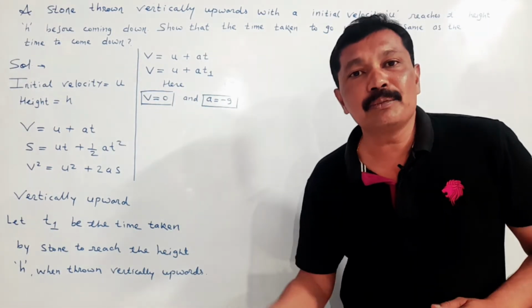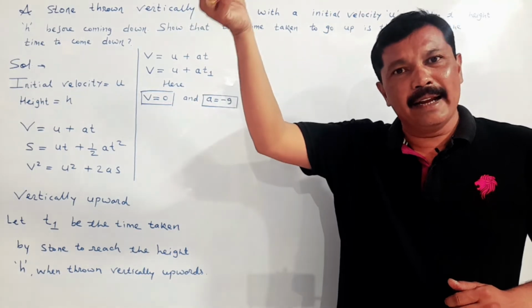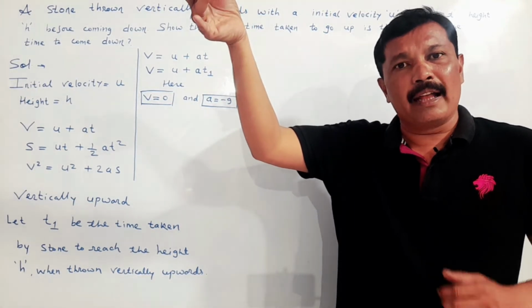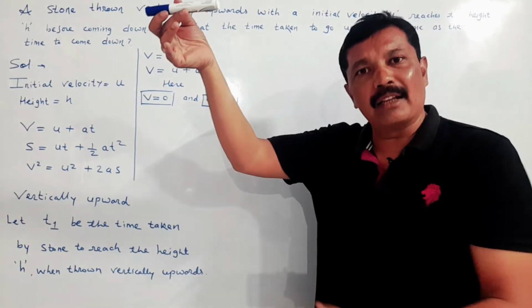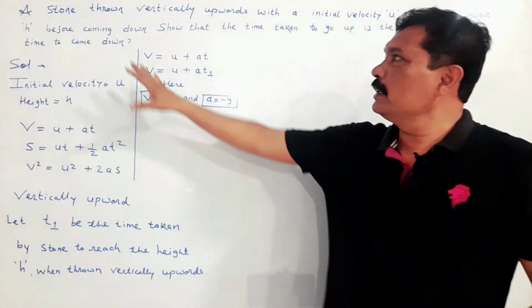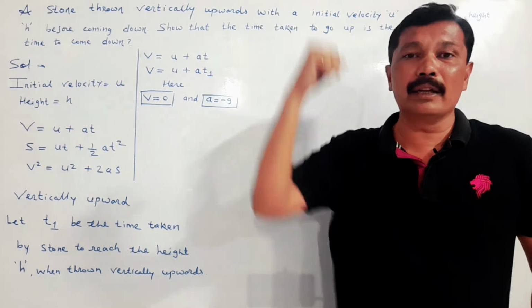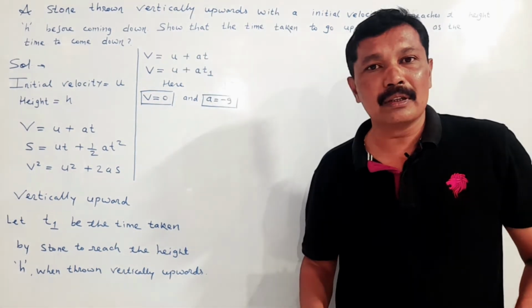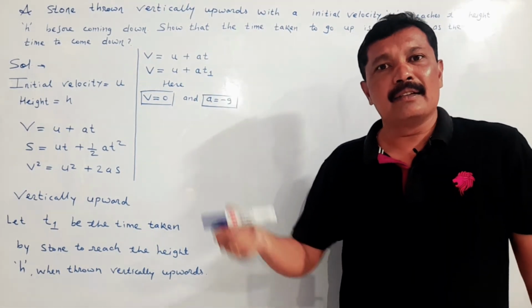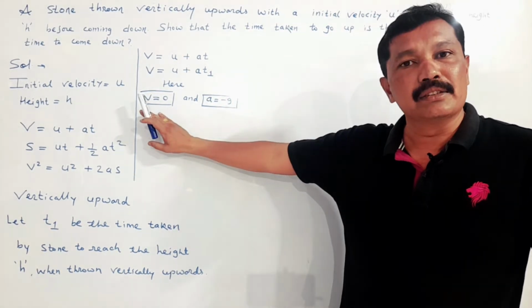So whenever an object is thrown vertically upward, it attains a certain height, and at that height it stops, and then it is pulled back by the gravitational force and starts coming down. The initial velocity when the stone is thrown vertically upward is u, and at a certain height the stone stops and the final velocity will be 0.